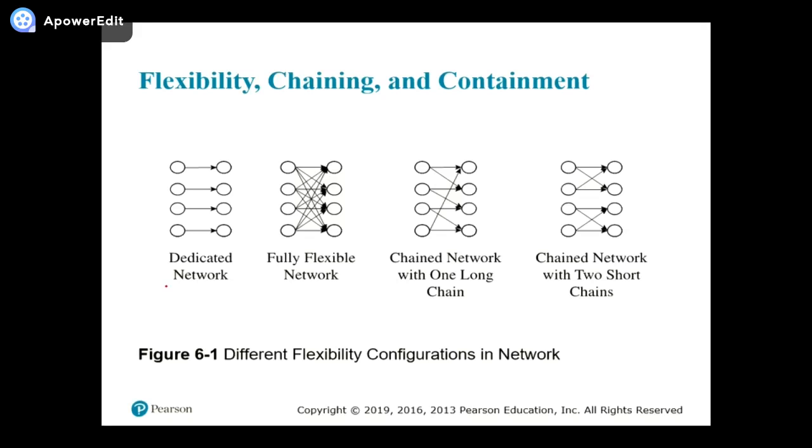Now, the least flexible is the dedicated network. Each demand is only supplied by one supply side. So if this supplier fails, then this demand fails.